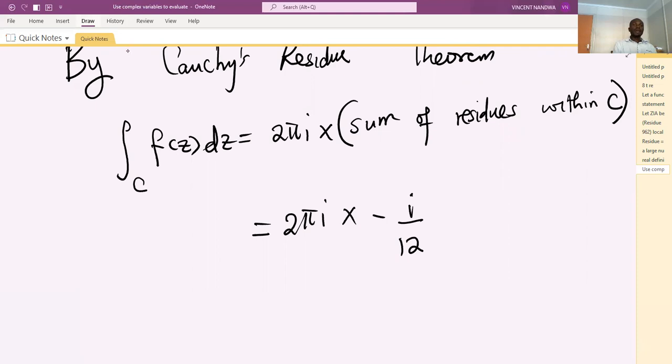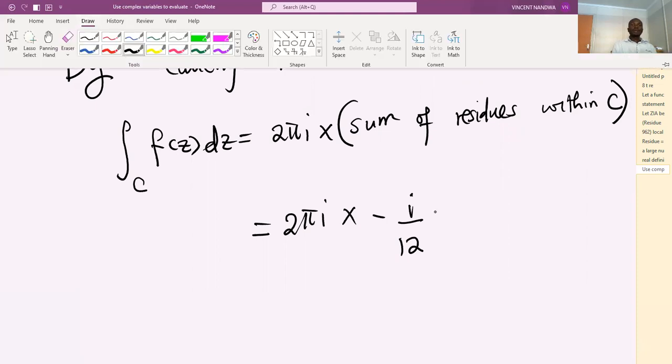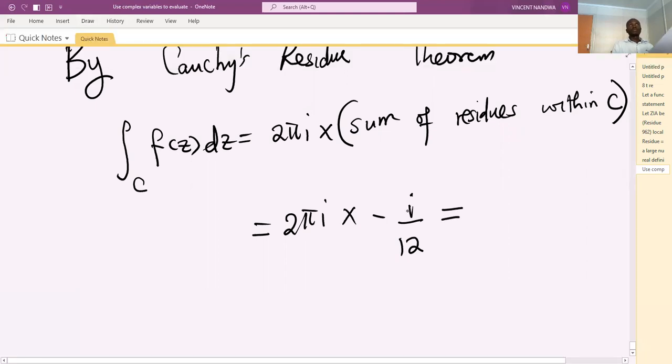And i times i squared, which is negative 1 times this negative, positive. So we have 2 pi over 12. This is the same as pi over 6, which is purely real.